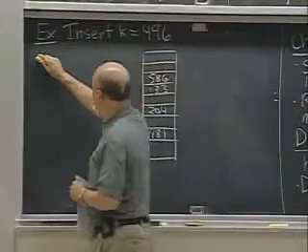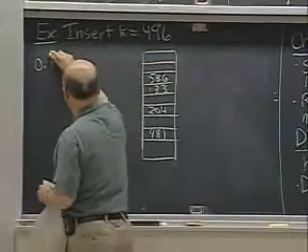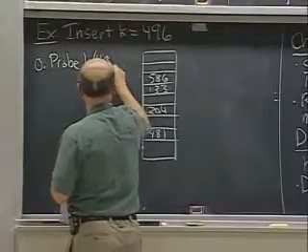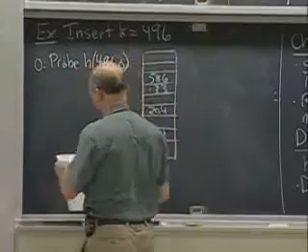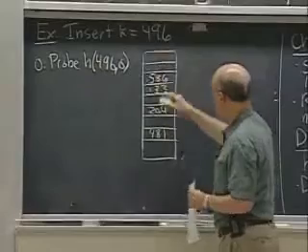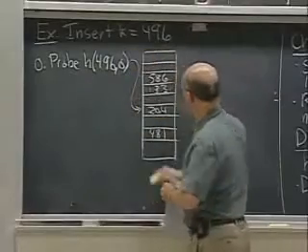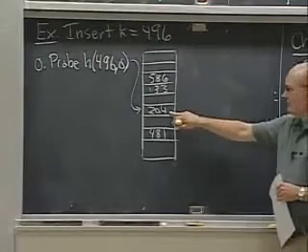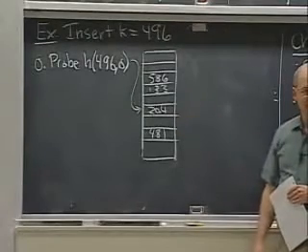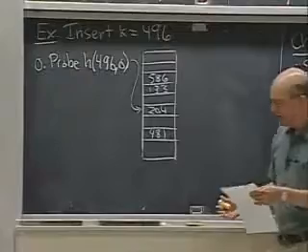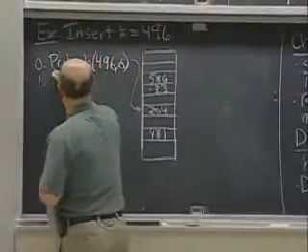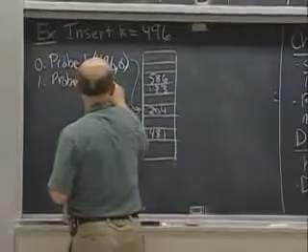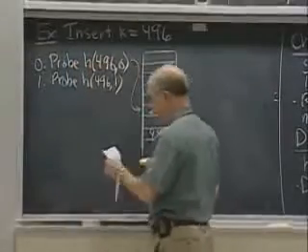So on my 0th step, I probe h of 496, comma 0. Okay, and let's say that takes me to the slot where there's 204. And so I say, oops, something there. Have to probe again. So then I probe h of 496, comma 1.